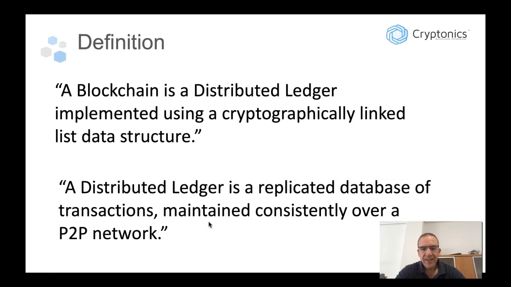And we could add here something about Byzantine fault tolerance, but really what we mean by this is that this consistency should be maintained even if there are some actors in the system that try to cheat the system. So there might be malicious nodes that try to manipulate the ledger. And the system should maintain consistency even in that scenario.